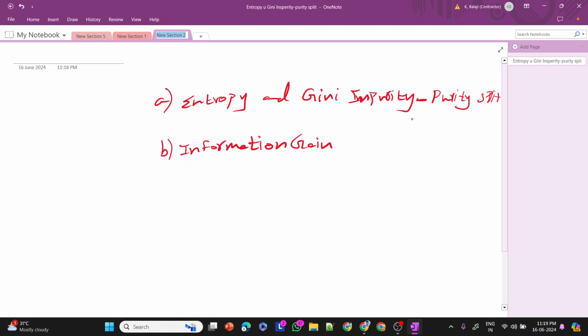We will see what pure and impure mean further in this lecture. Next, what is information gain? Information gain is used to select a feature. It will define which features to select for decision tree construction.